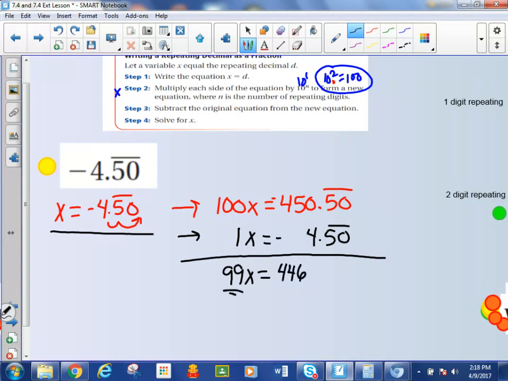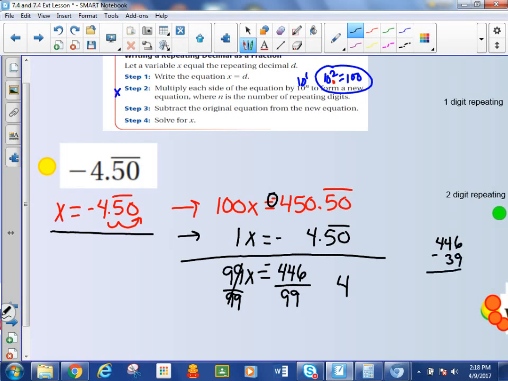Now we'll divide by 99. 99 will go into 446 four times, and that's negative because our larger number up here was negative. That puts me at 396. So I'm going to take 446 minus 396.